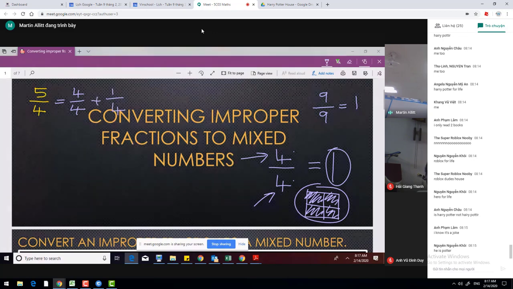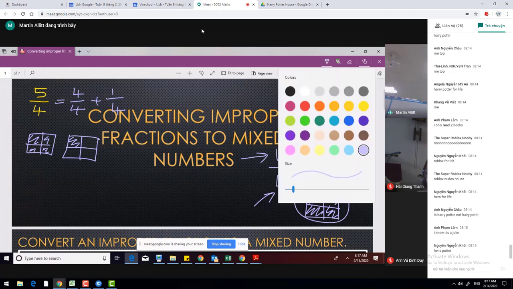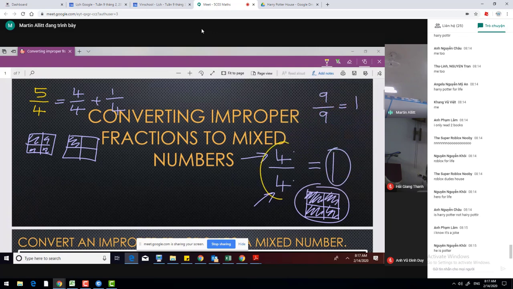So obviously 4 quarters, 1, 2, 3, 4. 4 quarters plus 1 quarter. Well, that's the same as 5 quarters. 1, 2, 3, 4, 5 quarters. So 4 quarters plus 1 quarter. Now we know that 4 quarters is the same as 1.